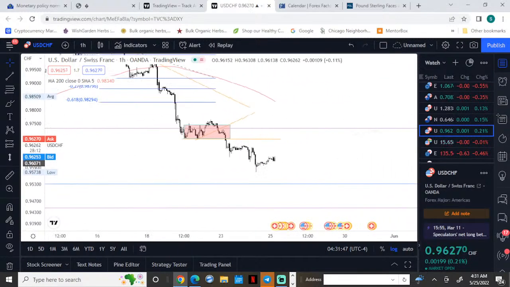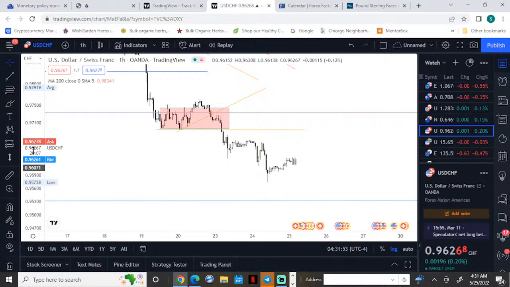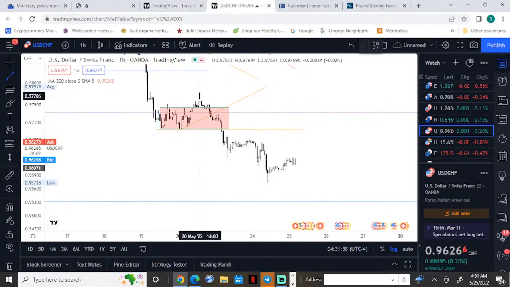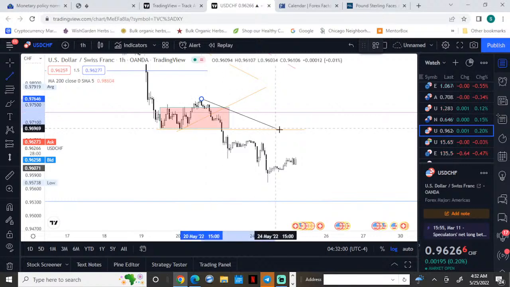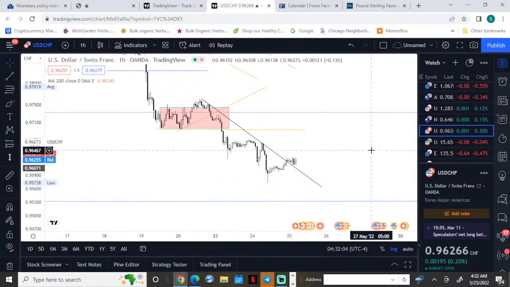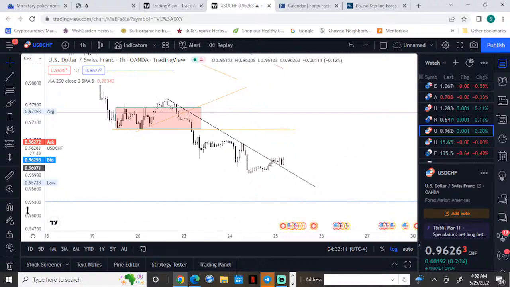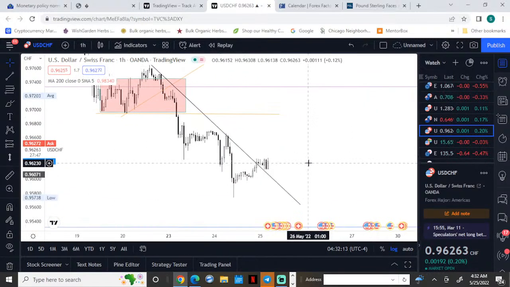I see this trend line right here. Looks like we got a nice little break and retest on the hourly.